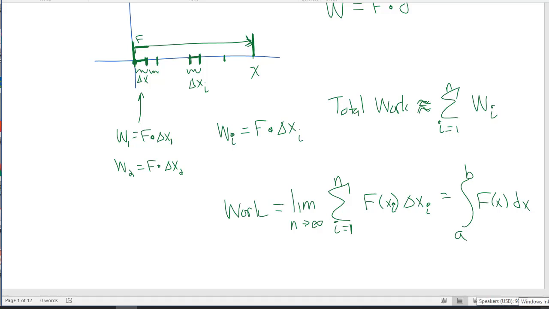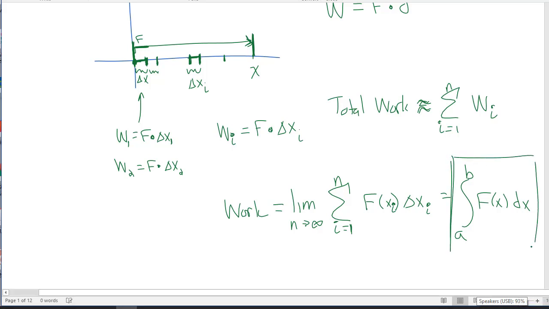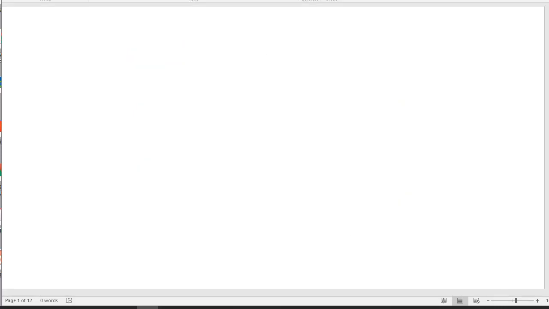So a formula for work when I have a variable force function would be described by this integral formula. A reminder of the big picture of this chapter is applications of integration. This is one of the applications of integration, where we have a variable force and we're summing up all of the forces over the interval of distance that we moved.